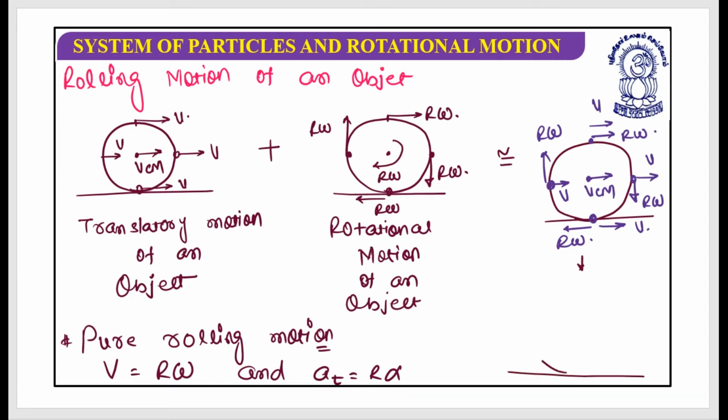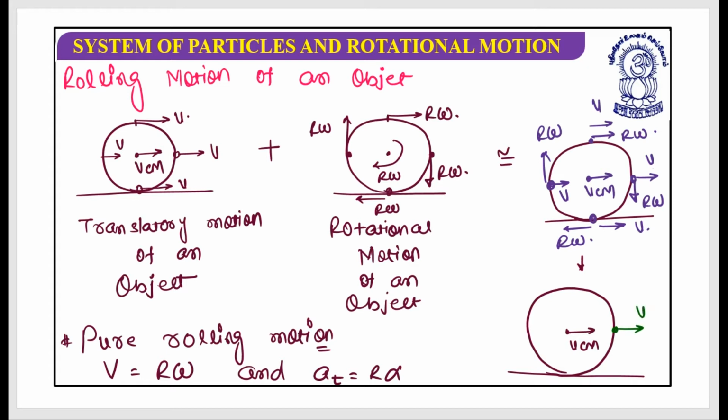Let's have a look very quickly. This was the wheel, this is its motion, this is V_CM. This is V, this is r omega.